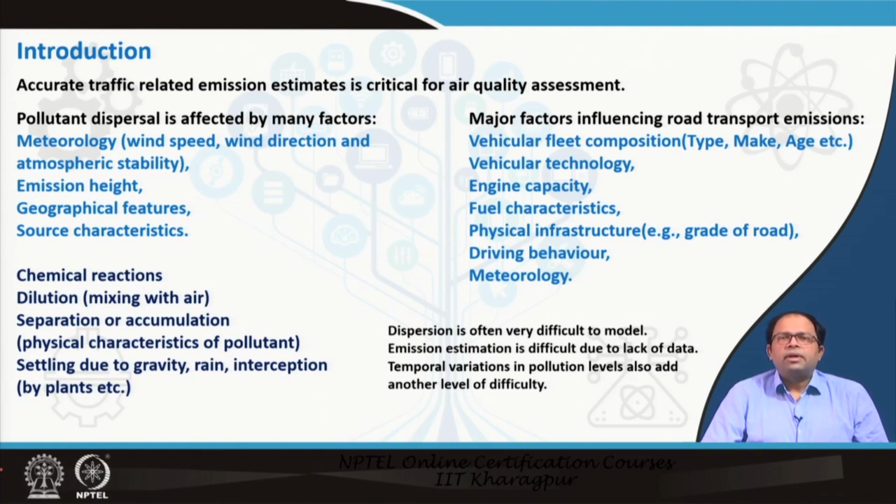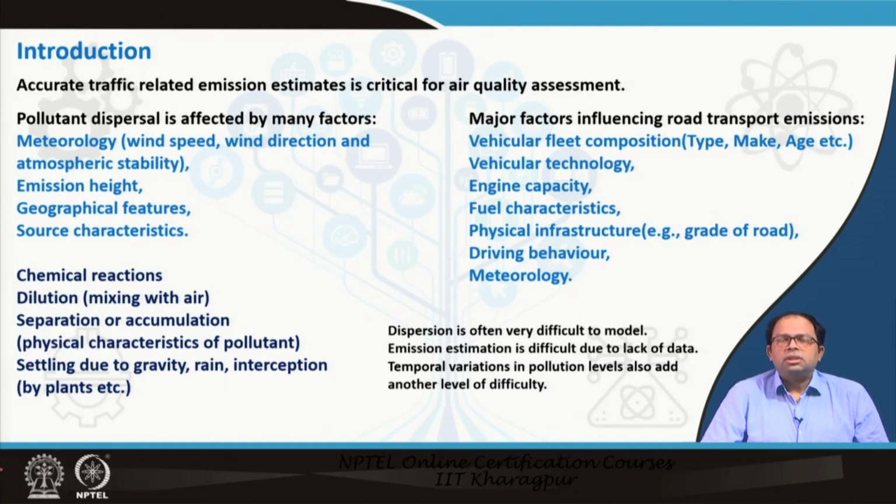So, instead we have got ambient air quality standards, and we try to limit the concentration levels, or we try to design policies or limit our emissions to such a level so that the ambient air quality standards are not exceeded.